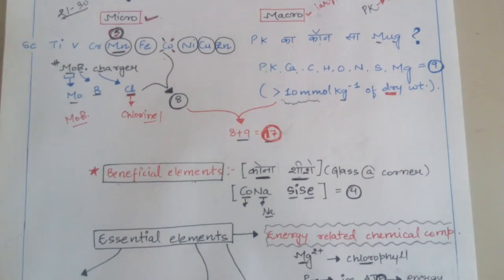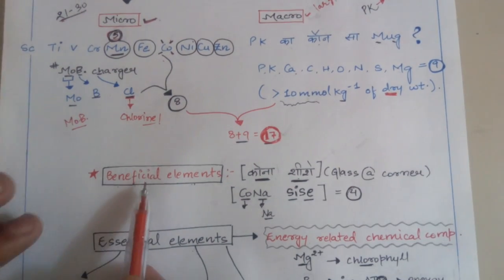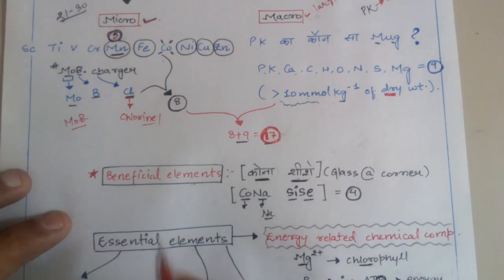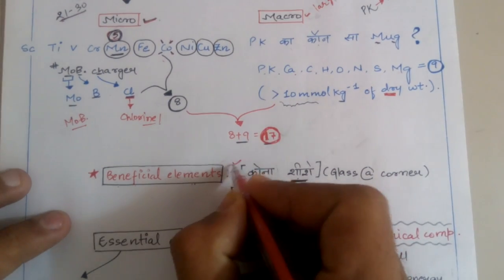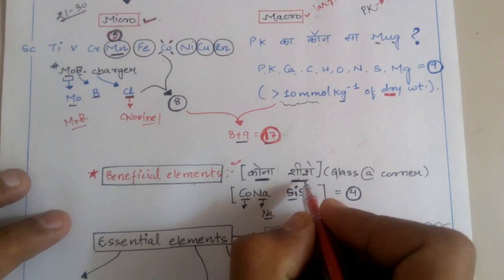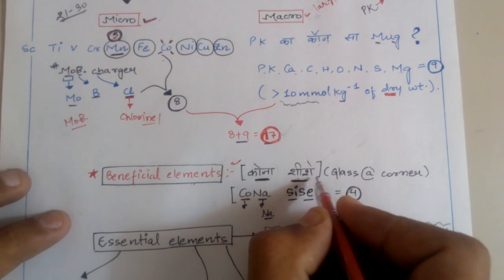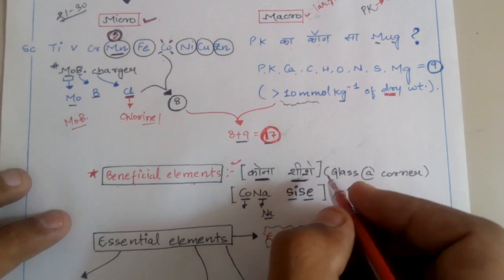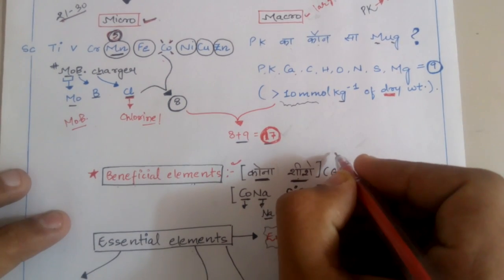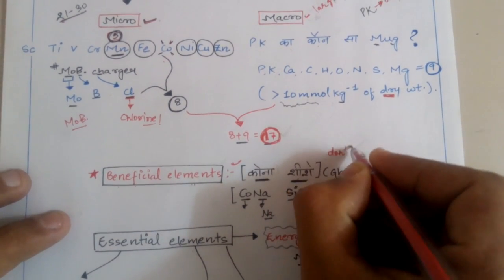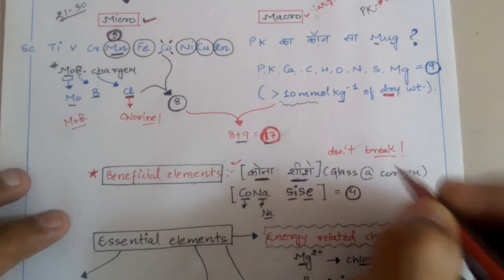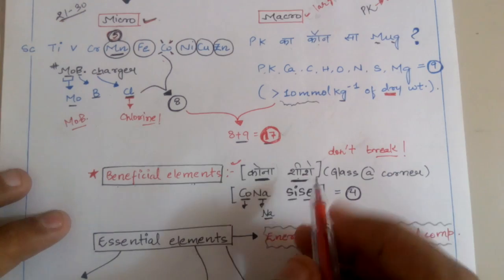Now there is a very special category, that is the beneficial elements. There are 4 beneficial elements, and they can be learned by a very simple trick, that is "Kona Shishe". If you want to put shishe, that is glass, then you have to put it at corners, because if you don't want them to break, then you have to put the glasses at corners.